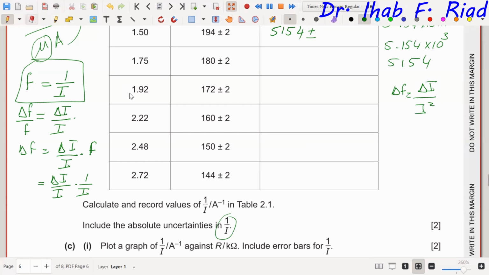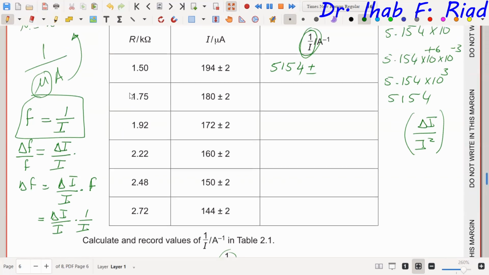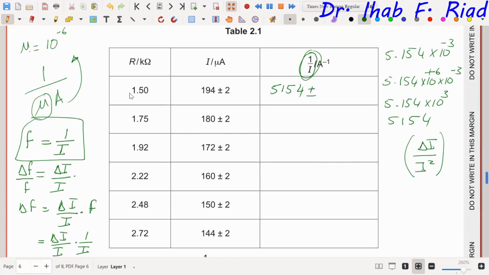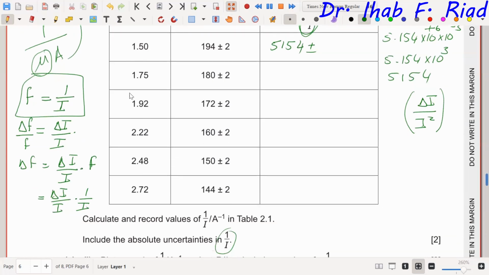So the absolute uncertainty is going to be delta I divided by I squared. Are you following? Okay, we got it from here.